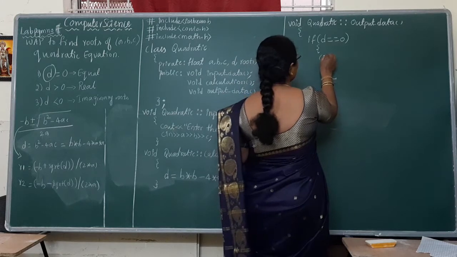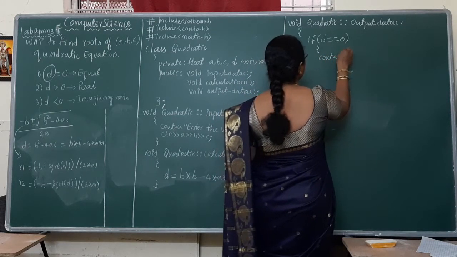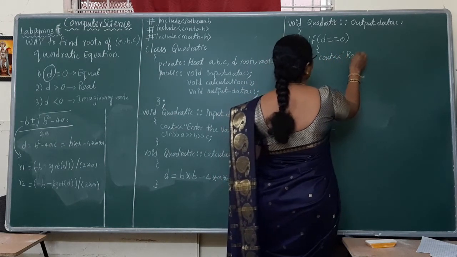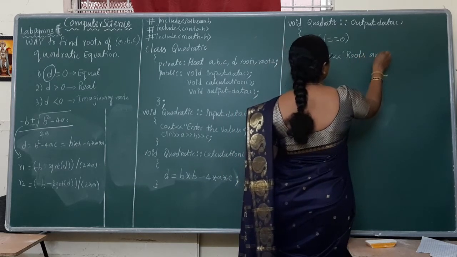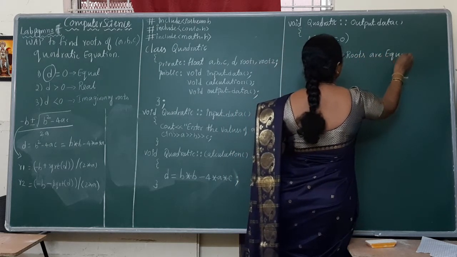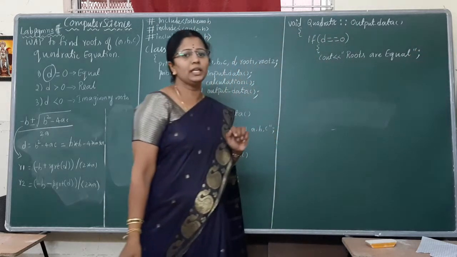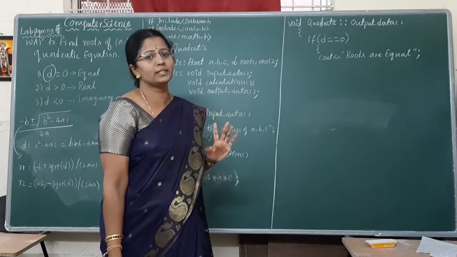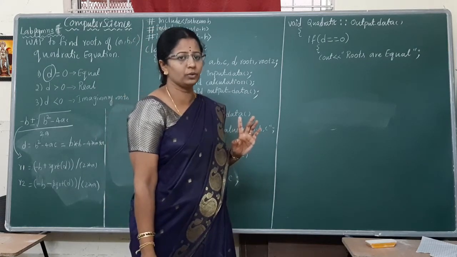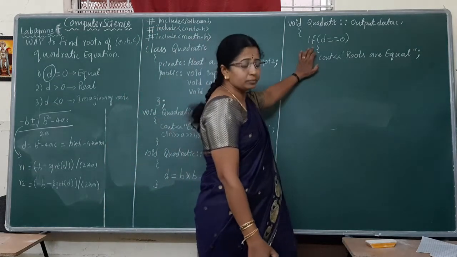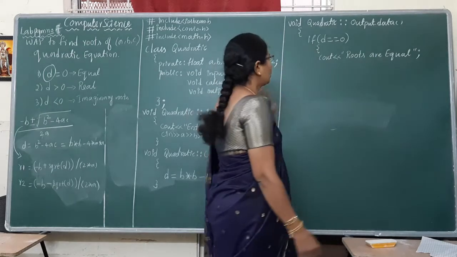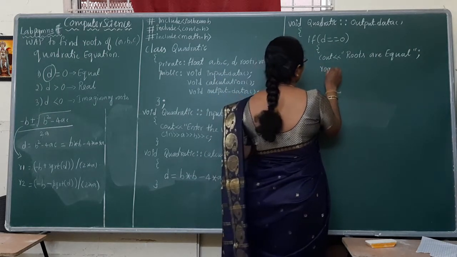Before that, just display the message: roots are equal. When the discriminant D value is equal to 0, then your roots are equal. Find the first root.